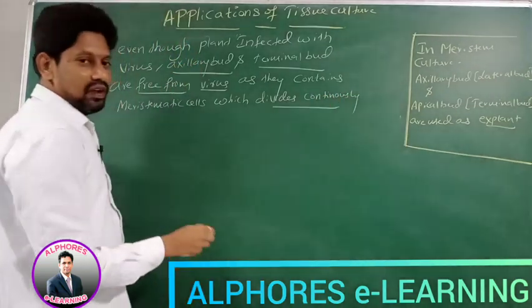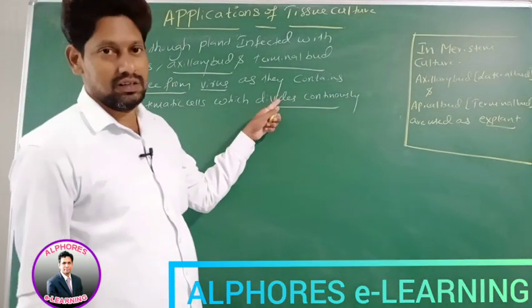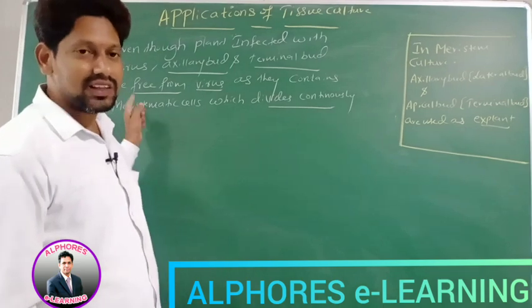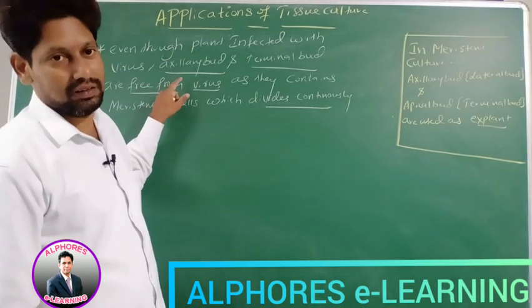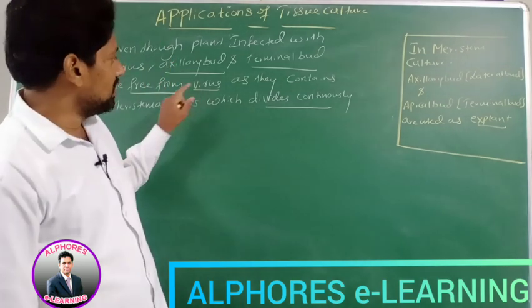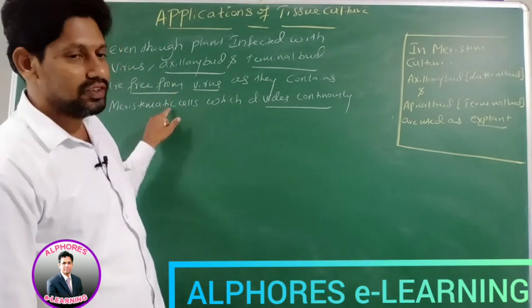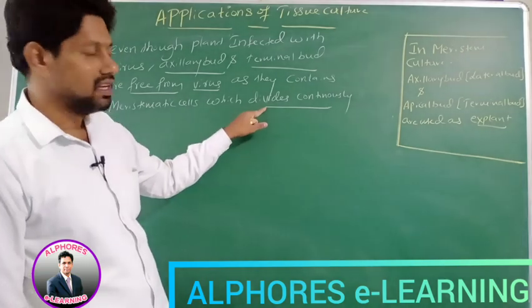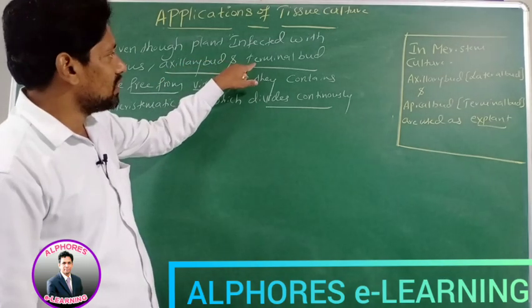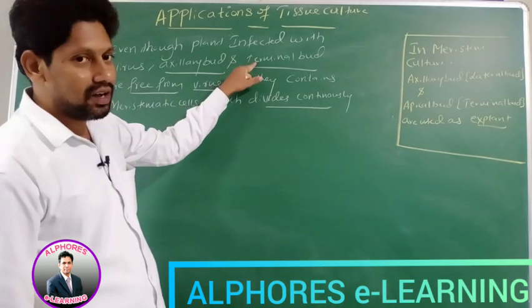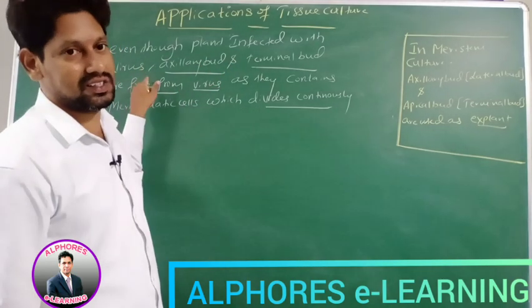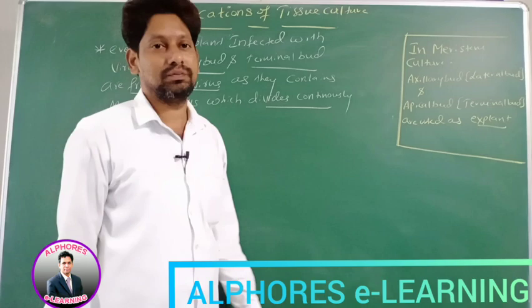Who is dividing continuously? Meristematic cells. Where are those meristematic cells? In the axillary bud and terminal bud. As meristematic cells, which divide continuously, are present in the axillary bud and terminal bud, they are not with virus, even though the plant is with virus.